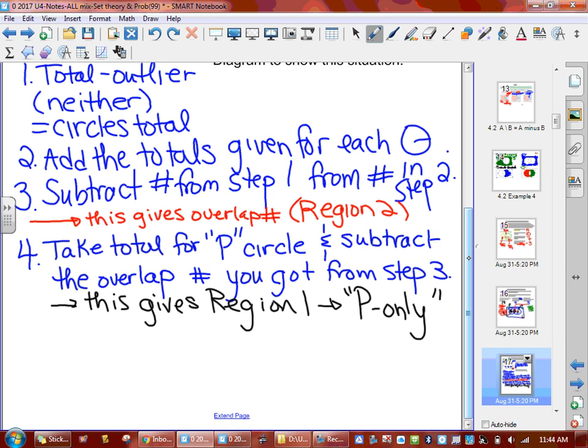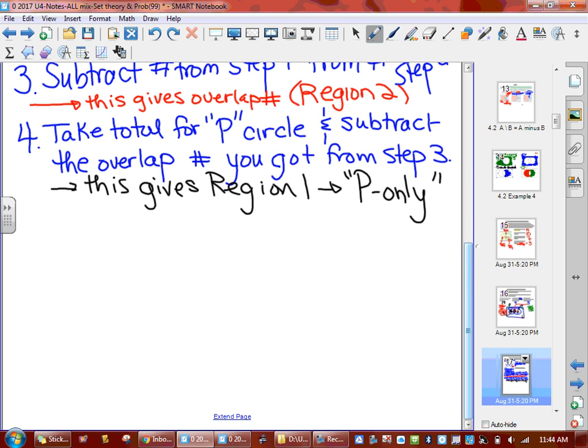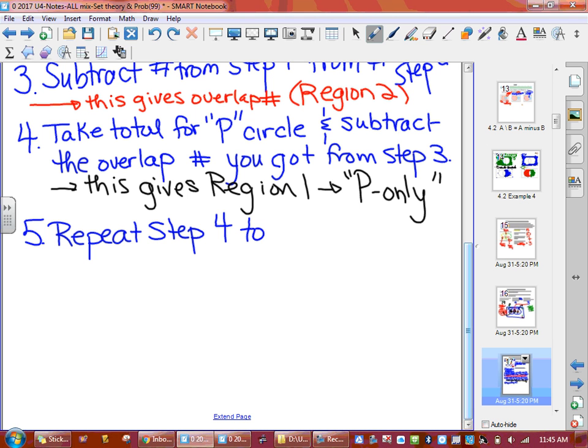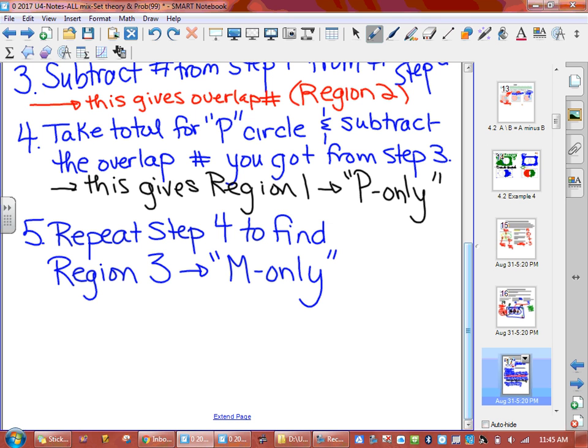All right. Step 5. Repeat step 4 to find region 3. Which is M only, as it would be called. And then a little note to ourselves.